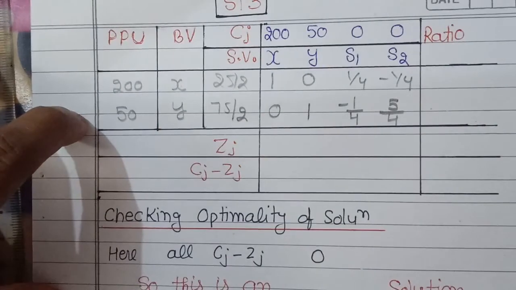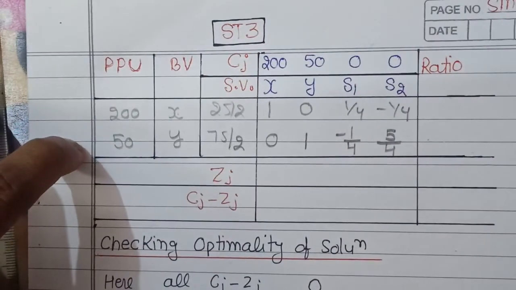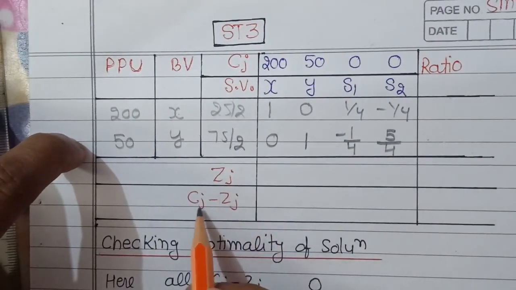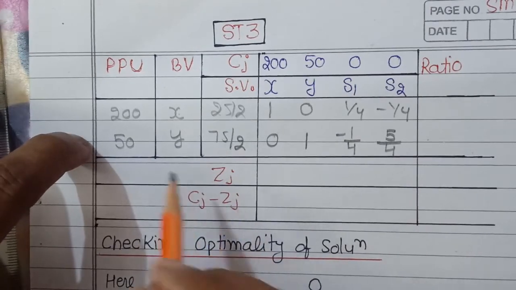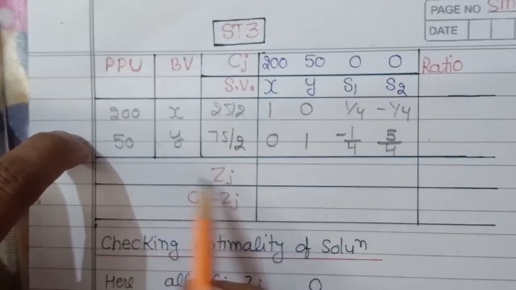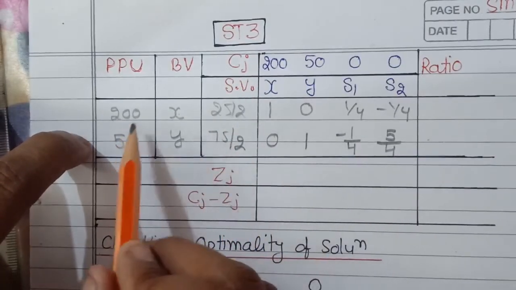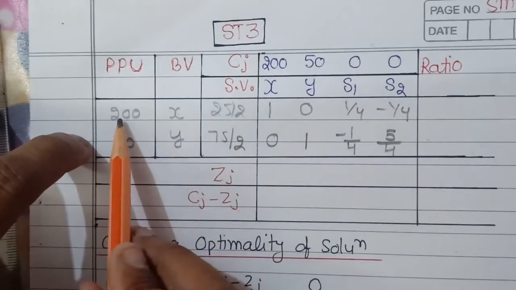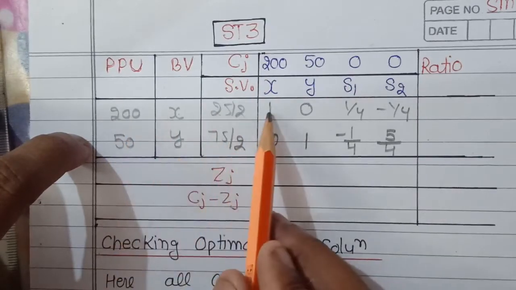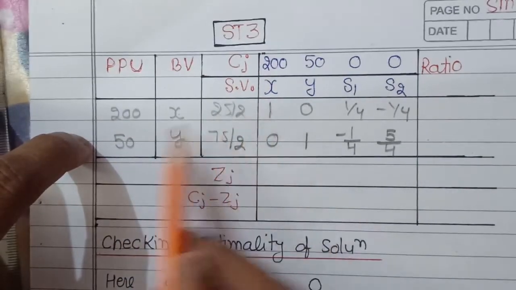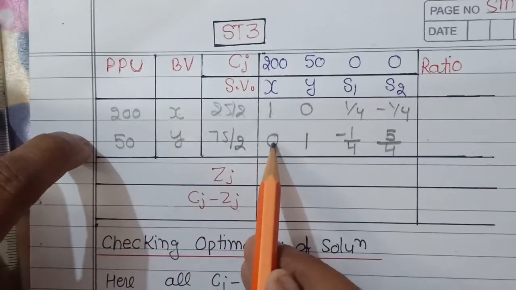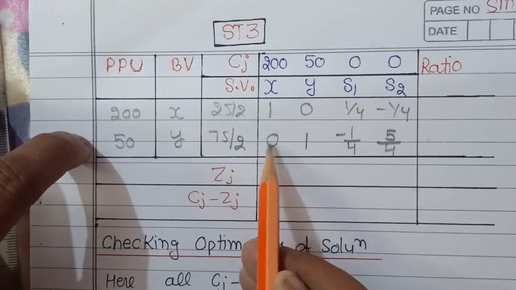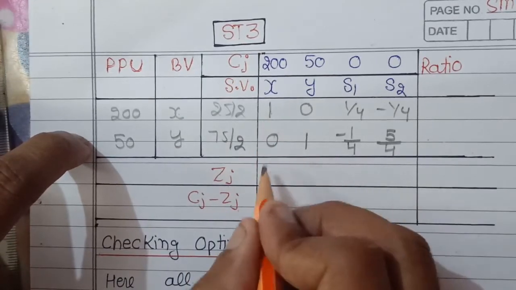Now we have to find the value of Zj and Cj minus Zj. You know that the formula for calculation of Zj is pretty simple, so let us find the value of Zj for simplex table 3. If you multiply this 200 by 1, the value is 200, and if you multiply this 50 with 0, the value is 0. So 200 plus 0 is 200.